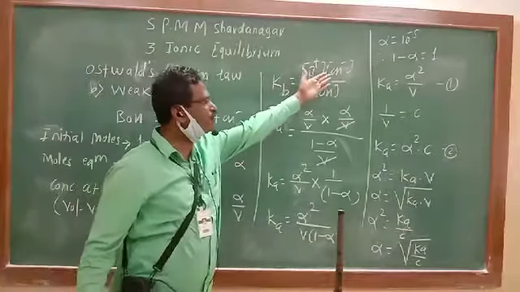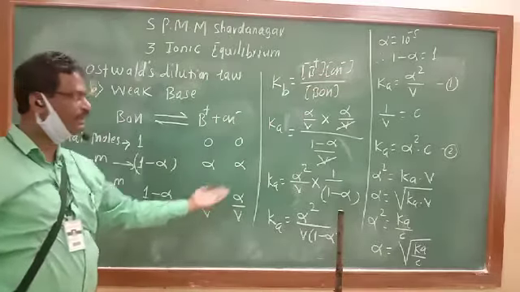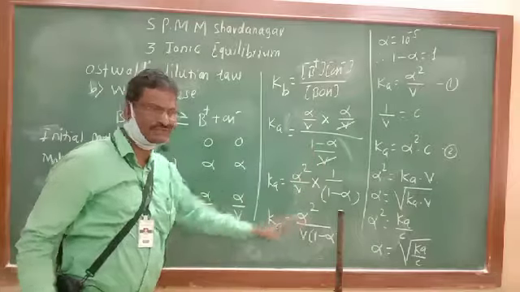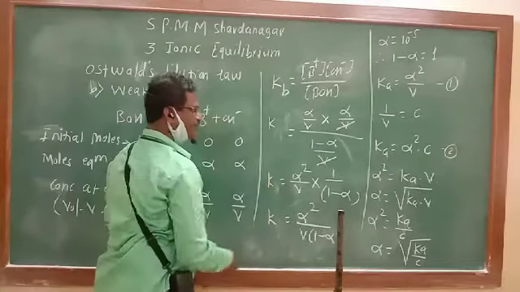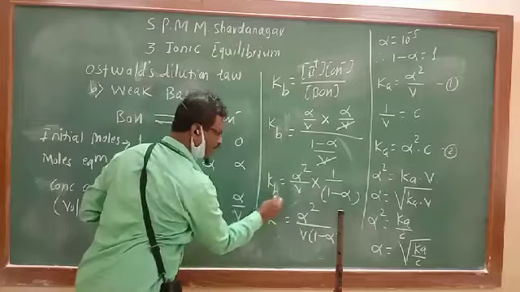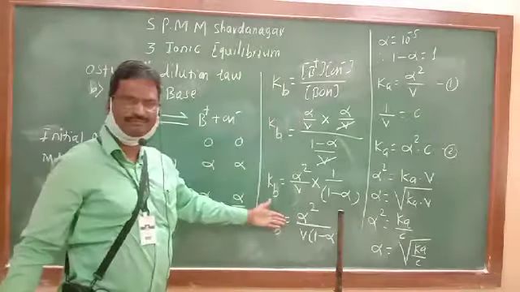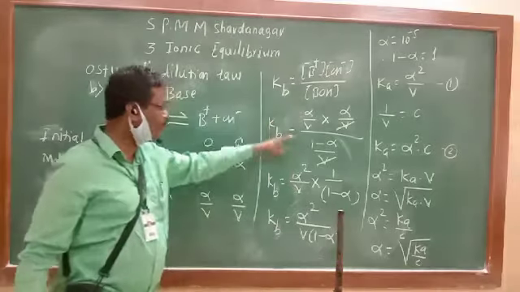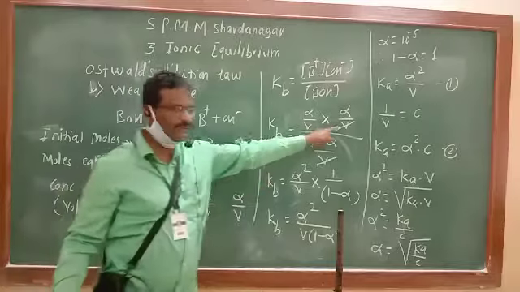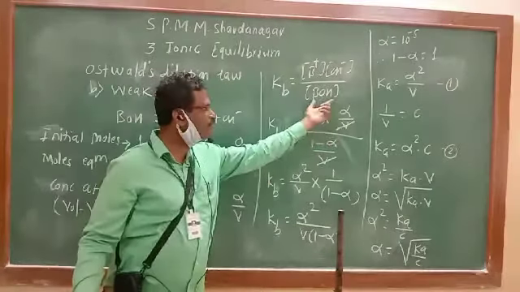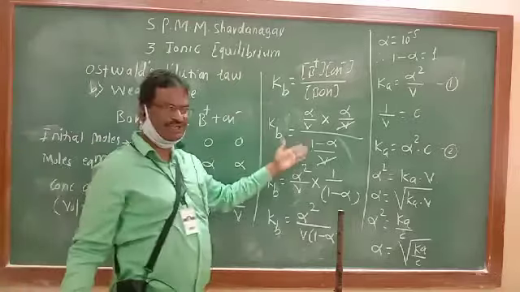Substituting these values for B plus, OH minus and BOH, a similar substitution is there. Only Ka will become Kb. Remaining part is the same. B plus is alpha upon V. Then OH minus is also alpha upon V. Concentration of BOH is 1 minus alpha upon V. So the substitution is the same.